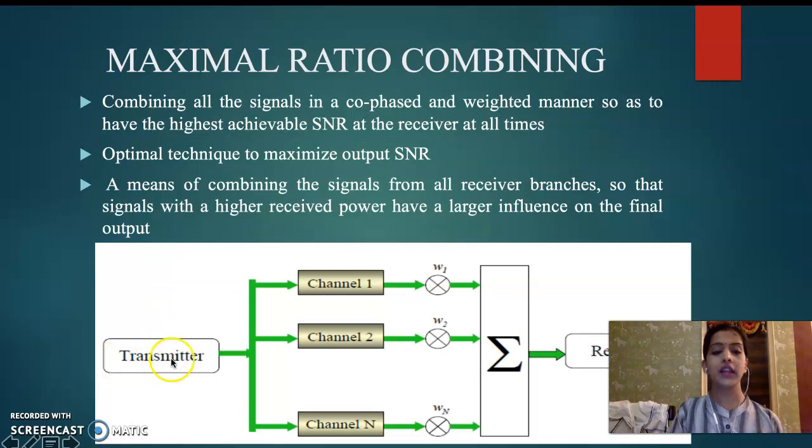Here we can see that we are transmitting our signals from the transmitter and these signals are passing through n number of channels. Then we weight each signal like W1, W2 and Wn. Then all these signals will be co-phased and we will receive our output signals.